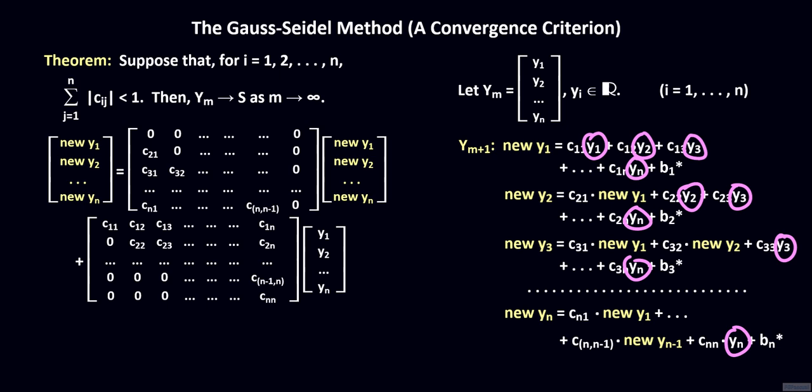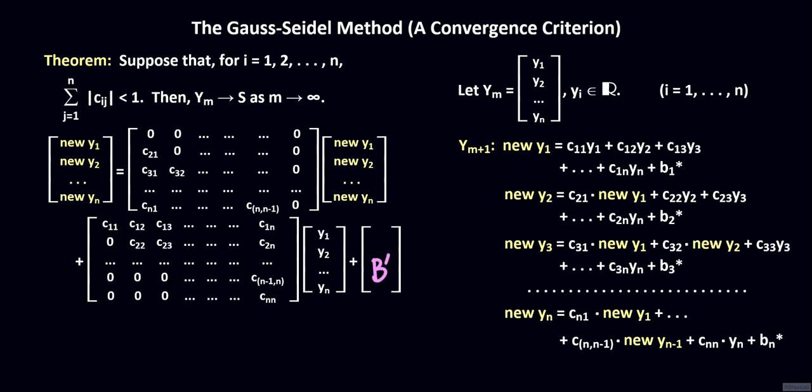The third part is some real-valued n-dimensional constant vector b prime. B prime is not b star, since the components of b star are also involved in multiplications with the C sub ij's. For example, for the new y sub 2, we have the constant C sub 2 1 times the new y sub 1, which involves b sub 1 star.